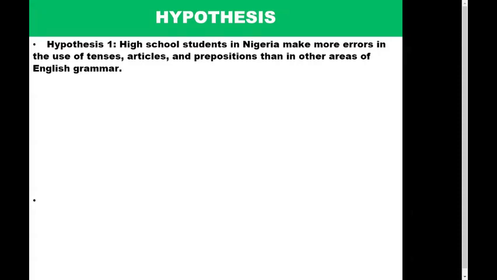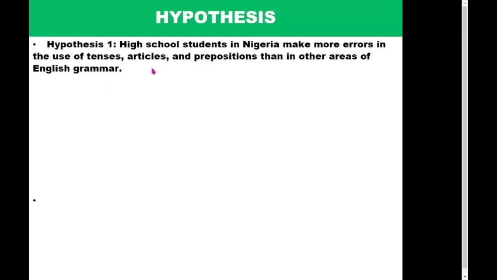Now, a hypothesis is a statement, an intelligent guess, if you like, a proposition or a brilliant assumption. For example, hypothesis one: high school students in Nigeria make more errors in the use of tenses, articles, and prepositions than in other areas of English grammar.